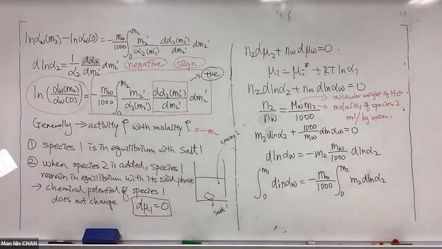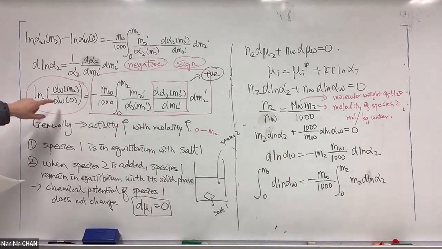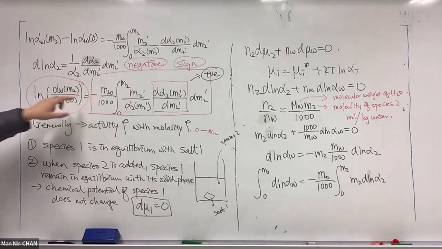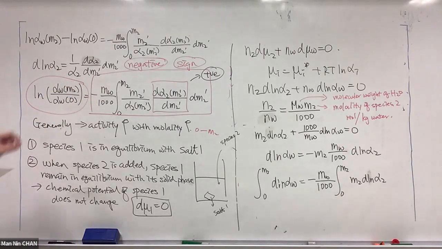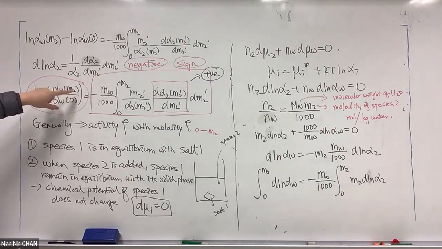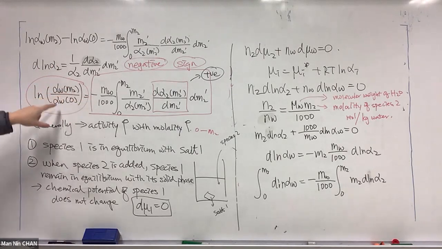What's the meaning of negative? If this term is negative, that means the water activity, when you have a certain amount of your species 2, will be lower than your initial value.